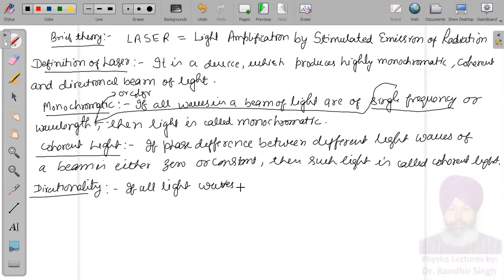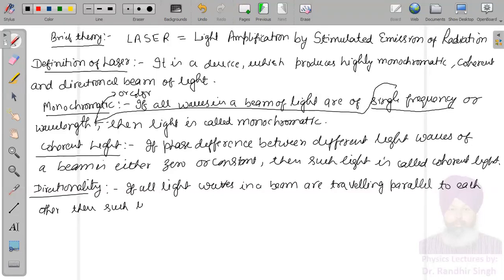So if all light waves in a beam are traveling parallel to each other, then such light beam is called perfectly directional.